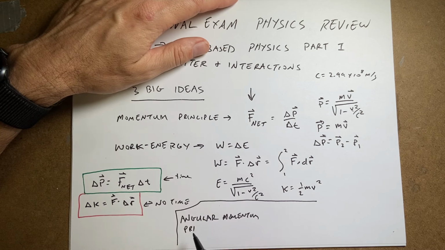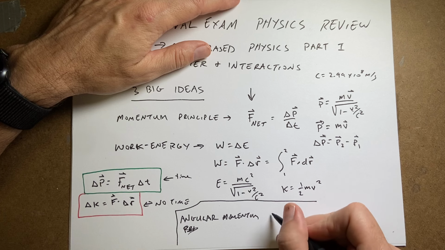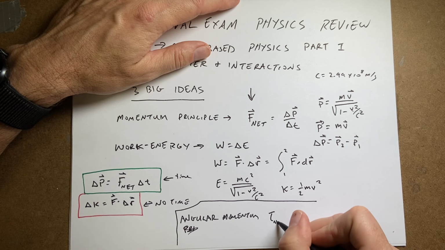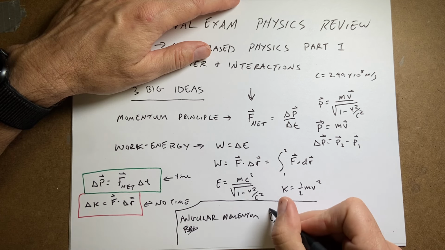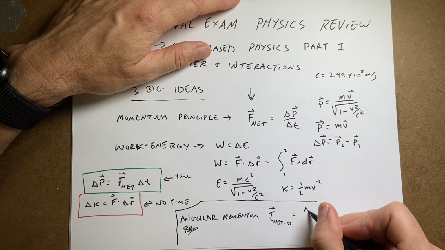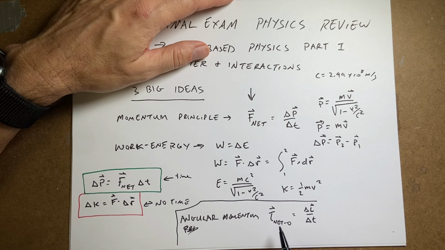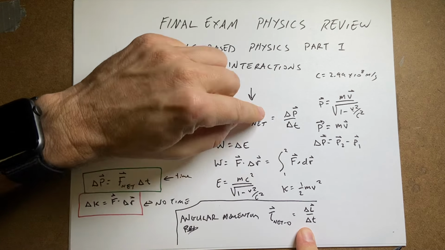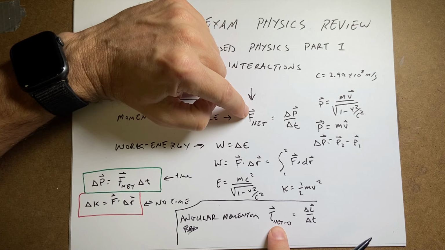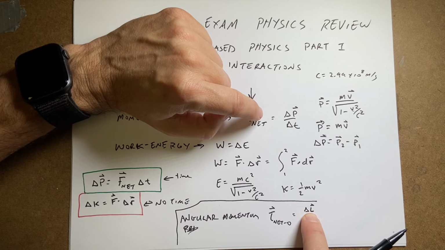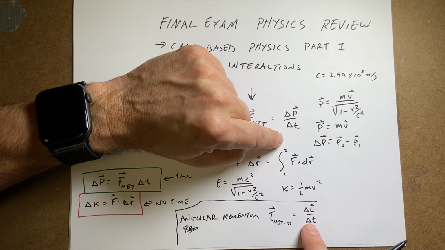So this says that torque net O vector equals delta L over delta T. This says that torques on objects change the angular momentum of an object. Notice that this and this are very similar, right? Torque net, F net. Change in angular momentum, change in linear momentum, change in time.